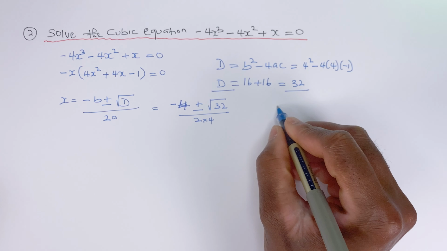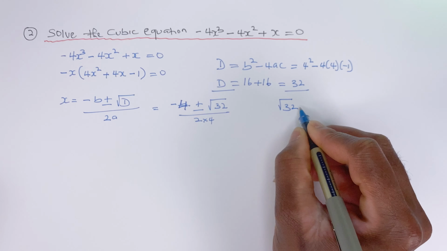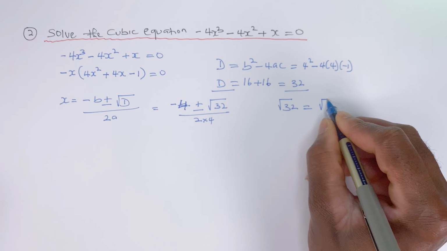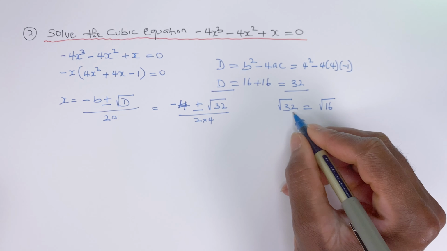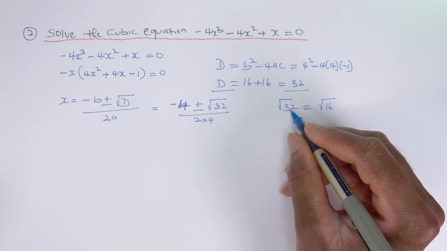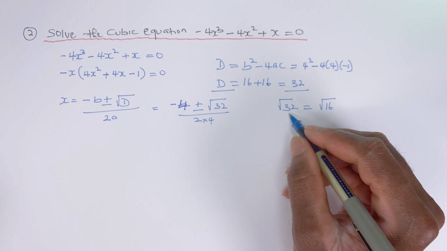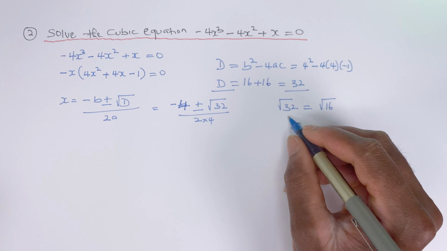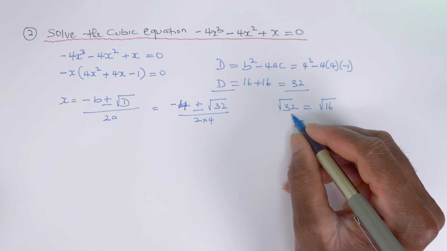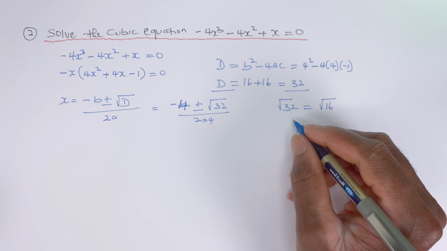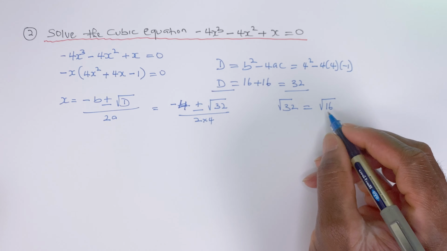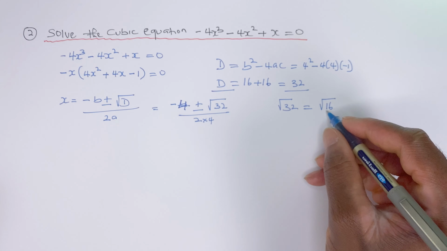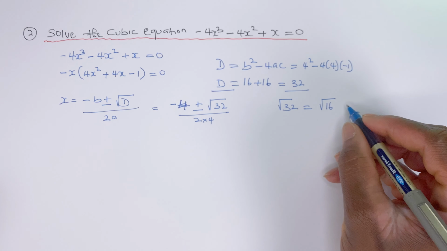What is root 32? Root 32 is root of 16. So you find the highest perfect square. The highest perfect square, obviously, 1, 2 squared, that's 4. 3 squared, no, it doesn't go. 4 squared, yeah, 16. So root of 16 will give you 4.